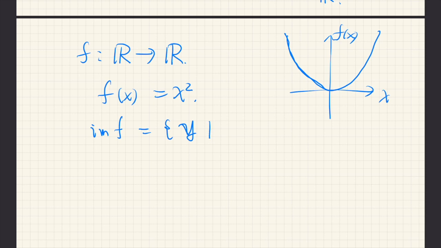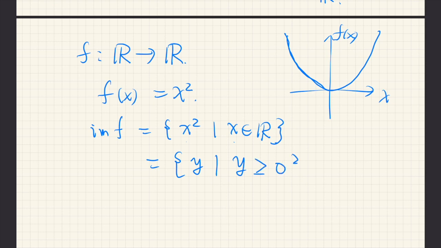Maybe it's easier if we write it like this, where x is a real number. This is according to the definition, and this is actually equal to, since x is a real number and the square of any real number is non-negative, y greater than or equal to 0.